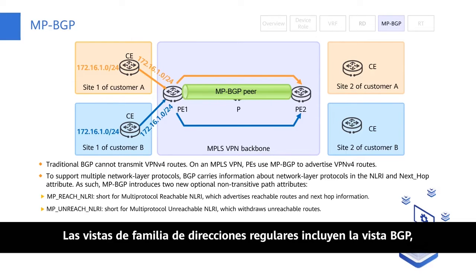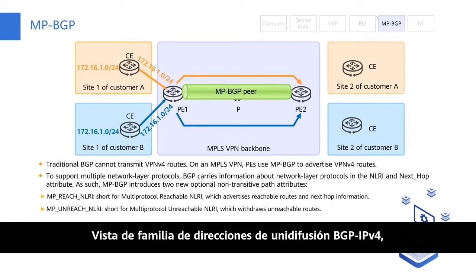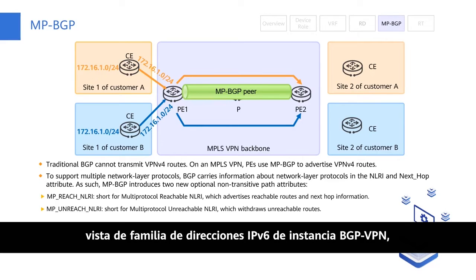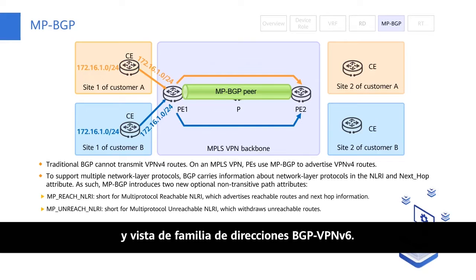Regular address family views include the BGP view, BGP IPv4 unicast address family view, BGP VPN instance IPv4 address family view, BGP VPNv4 address family view, BGP IPv6 unicast address family view, BGP VPN instance IPv6 address family view, and BGP VPNv6 address family view.